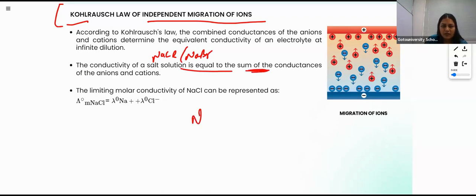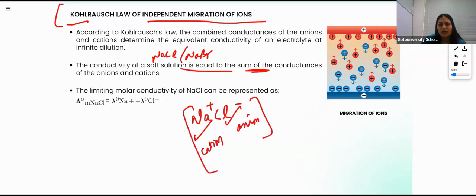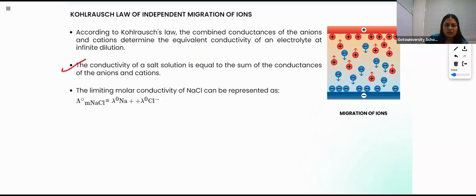Now, if we see here NaCl, what are the cation and anion here? Here NaCl, this is what? Cation, and this is an anion. If we have to calculate their conductivity, that will be the sum of both cation and anion, right? So the conductance of the salt solution is equal to the sum of the conductances of these ions, anions and cations, right?